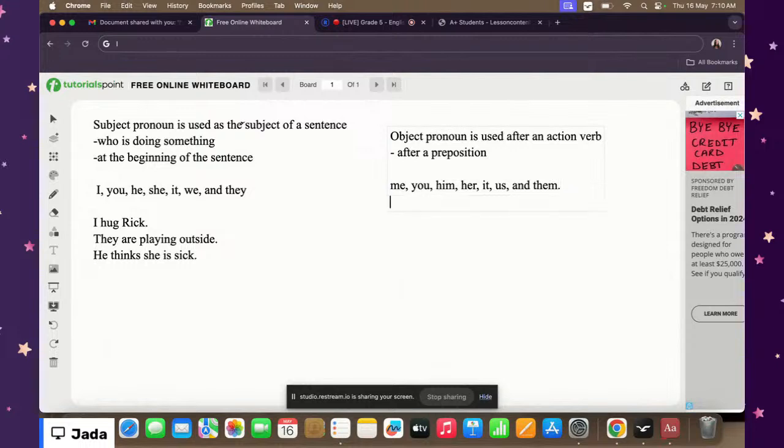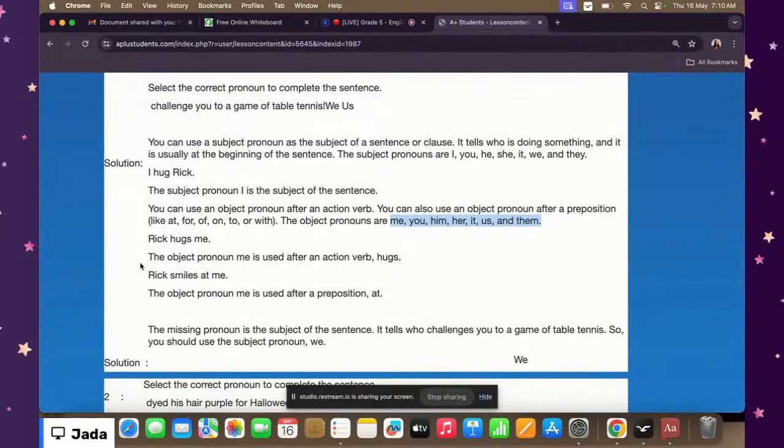So now you can have sentences like this with the object pronoun. Rick hugs me. Instead of I hug Rick, where I is the subject, now you're saying Rick hugs me. Remember, like I said, object pronoun usually comes after an action verb, and hug is also an action verb that is doing something.